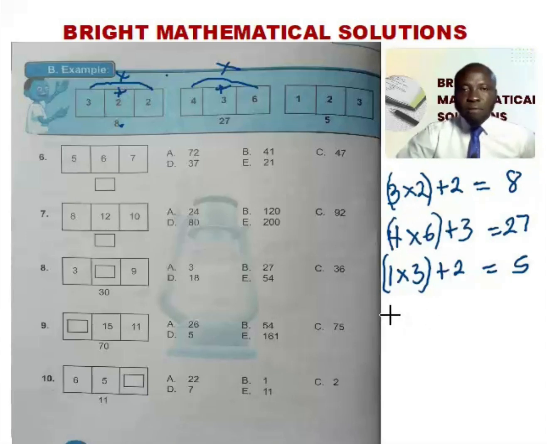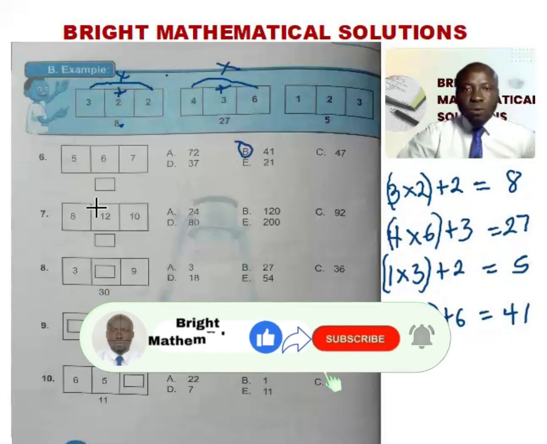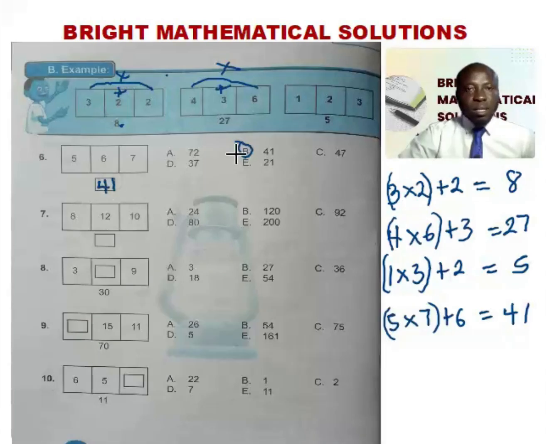So 5 multiplied by 7 plus 6. 5 multiplied by 7 gives us 35. Plus 6 gives us 41. So our answer here is B. 41 is the missing number.